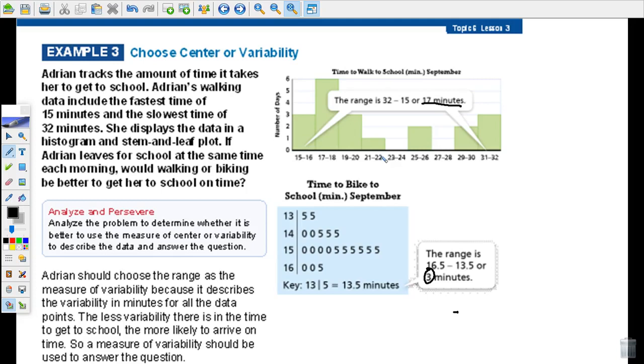Adrian can take the median of each data set, the histogram and the stem and leaf plot, and he would determine that riding a bike is faster than walking to school because the median for walking would be 19 to 20 minutes, okay? And then the median for riding a bike would be 15 minutes.